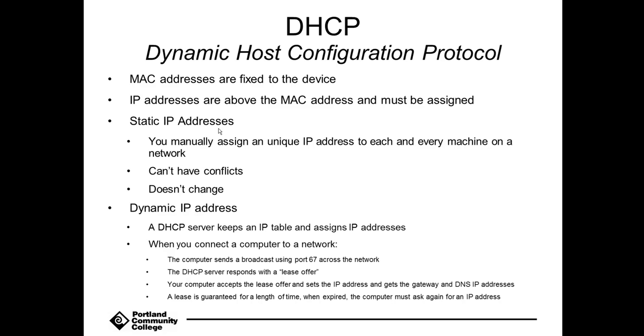That means that you, the computer operator, assign a unique IP address to each and every machine on the network. You can't have any conflicts, and it better not change. Otherwise, you will have conflicts. And a conflict is where you have two machines with the same IP address, and the router and the networking hardware won't know where to deliver things.